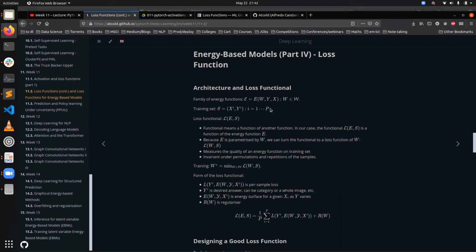And so your training is essentially to build that energy function. That is what you do in your training step.